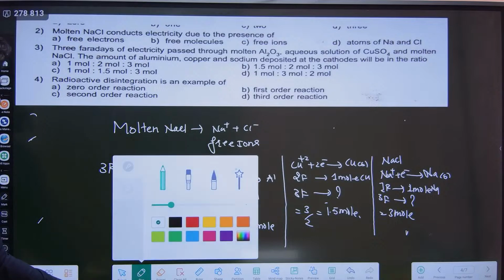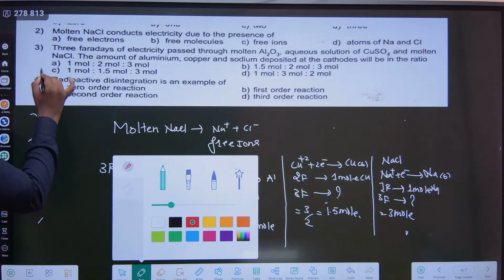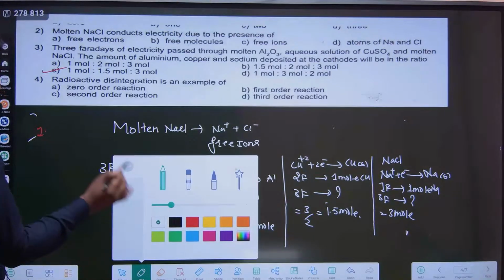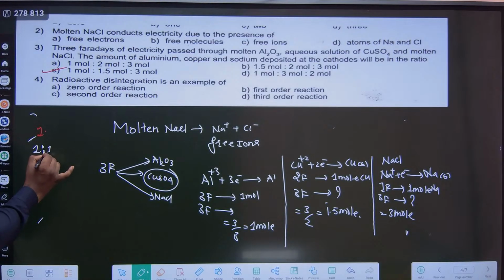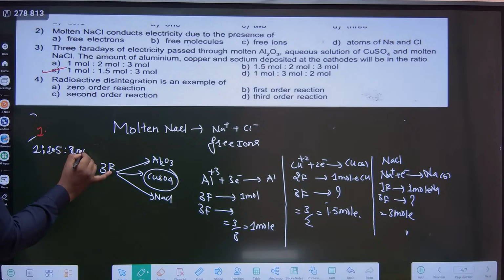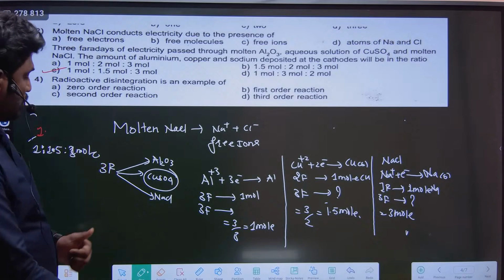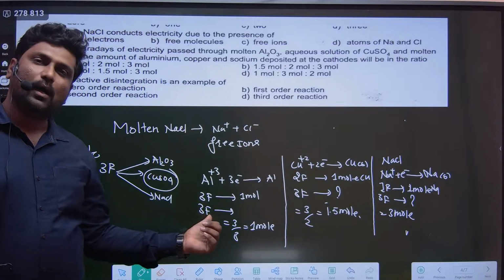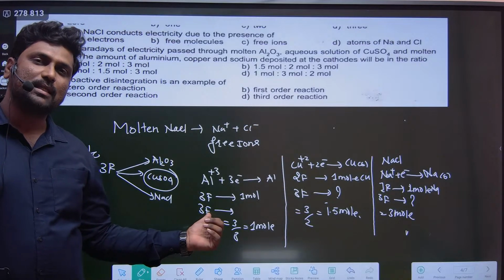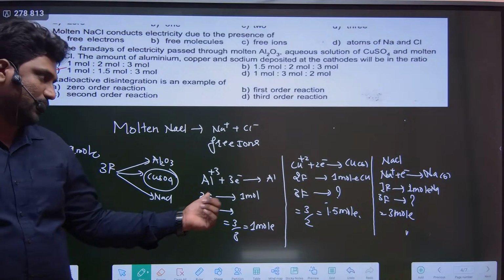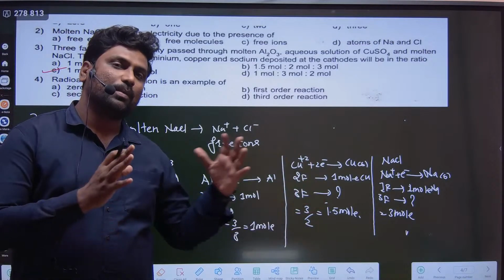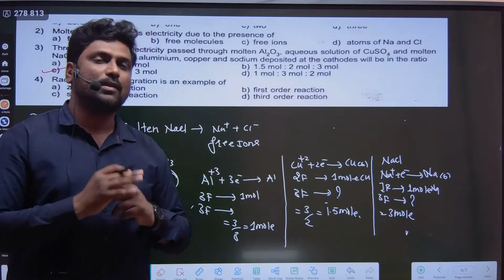Why is the answer C? Because here we get 1 is to 1.5 is to 3 moles. 1 mole of aluminium is deposited by passing 3 Faradays of electricity through alumina, and 1.5 moles of copper is deposited when copper sulfate is passed with 3 Faradays of electricity.